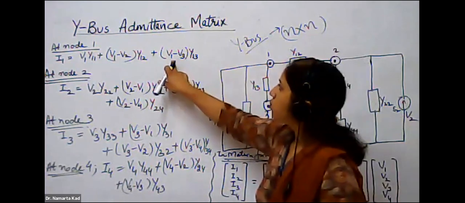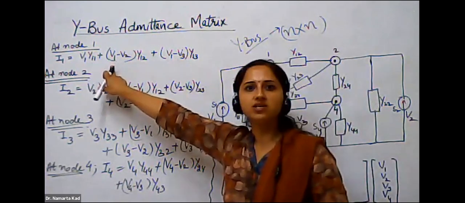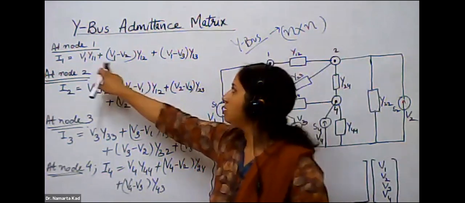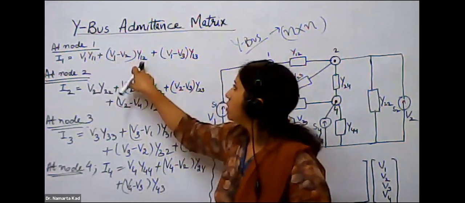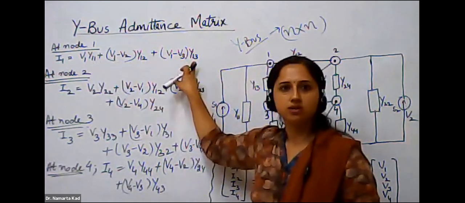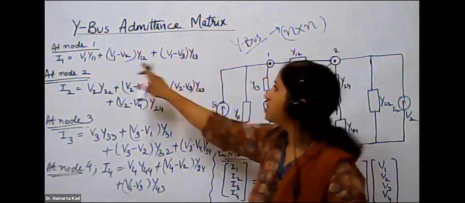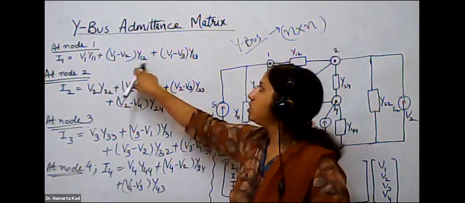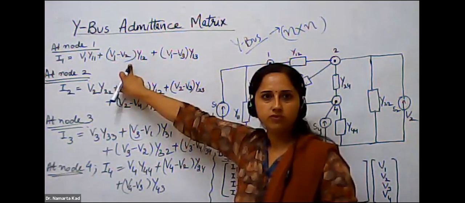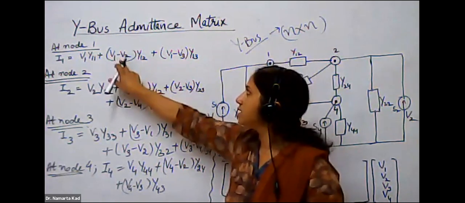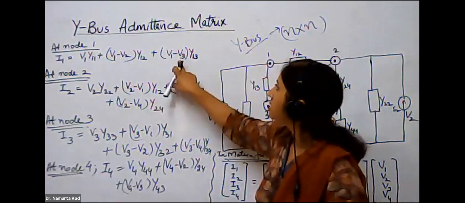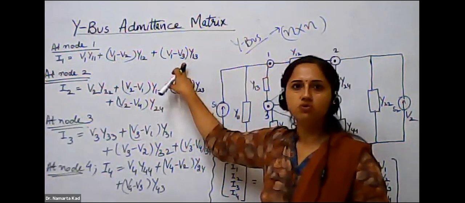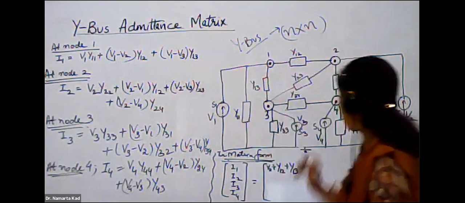Okay, so the admittances that are associated with V1 are Y11, Y12 plus Y13. Okay, and apart from this, with V2, that is minus Y12 into V2. Okay, here it comes with the negative sign. Here it is minus Y13 into V3.